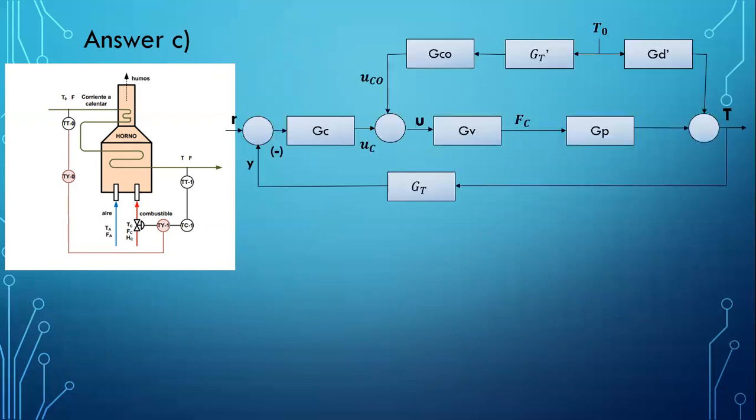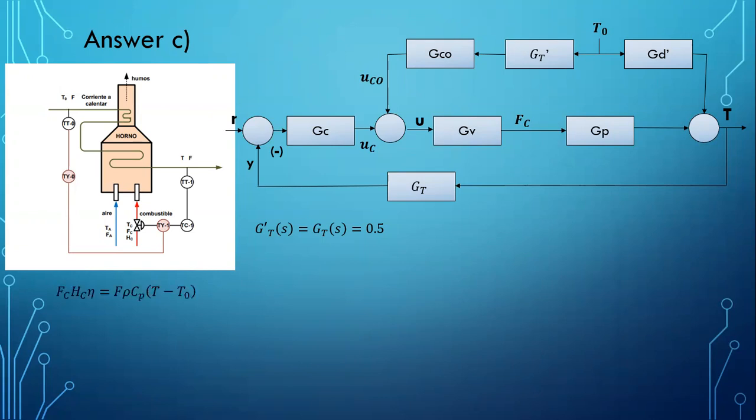Now we have to make the block diagram again, to know what we are going to do to get the answer to this question. Now, the temperature transmitter is similar to the feedback loop. G apostrophe TS is equal to GTS, equal to 0.5.